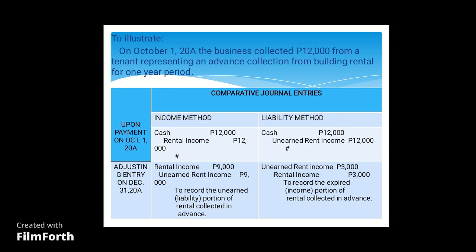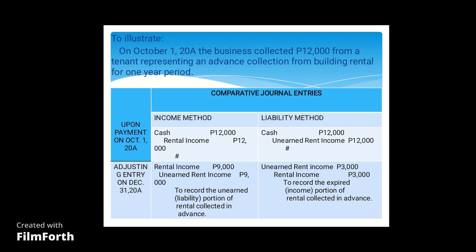In liability method, unearned rent income is the debit and credit is rental income with an amount of 3,000. So this 3,000 is the income earned on that year.